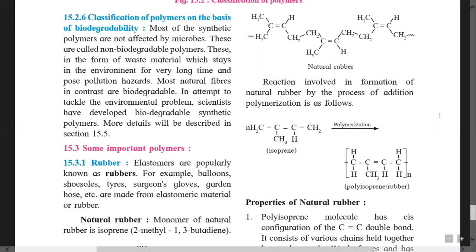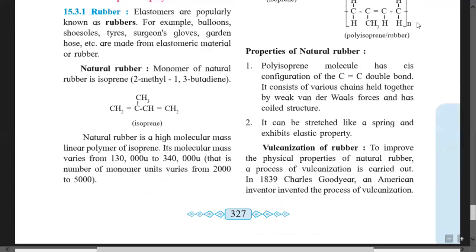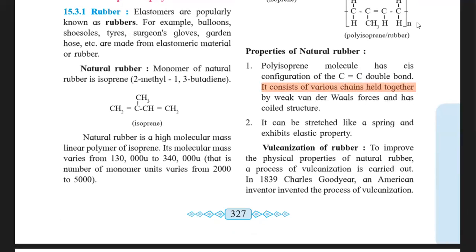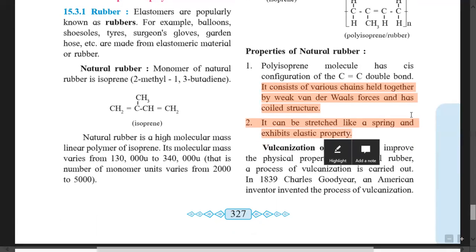If we consider this is the large group and this is a large group present at one side, and at the other side these small groups, this is a cis configuration. It consists of various chains held together by weak van der Waals forces and has a coiled structure. The second property is that it can be stretched like a spring and exhibits elastic property.